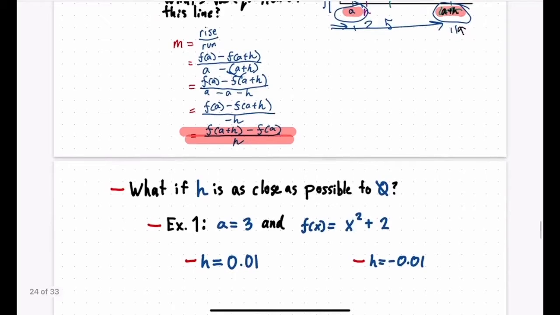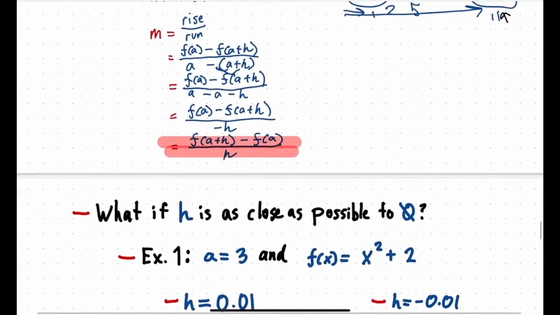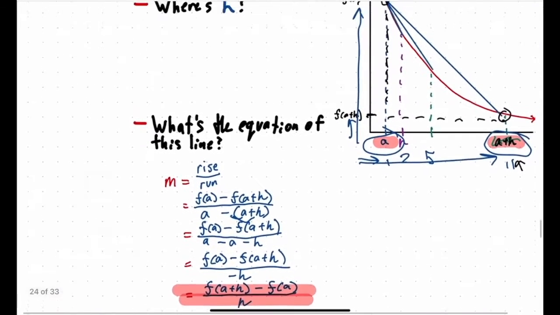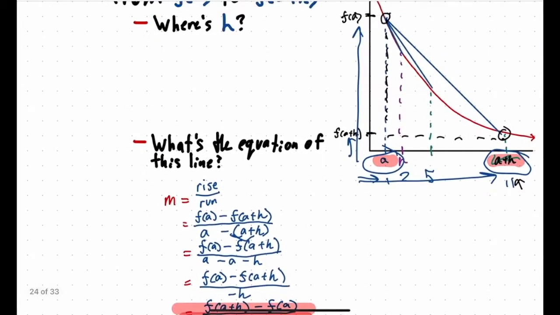So, what if h is as close as possible to 0? Well, we saw up here, when we moved h in closer to a over here, this way, then the equation of the line started approximating closer and closer what we think the equation of the tangent line at a would be.